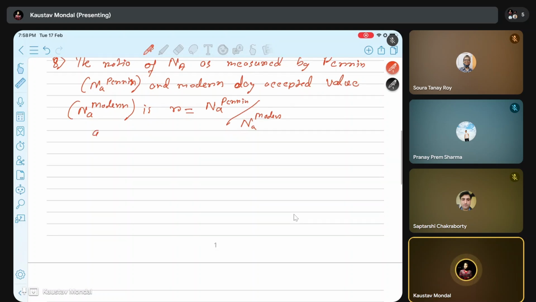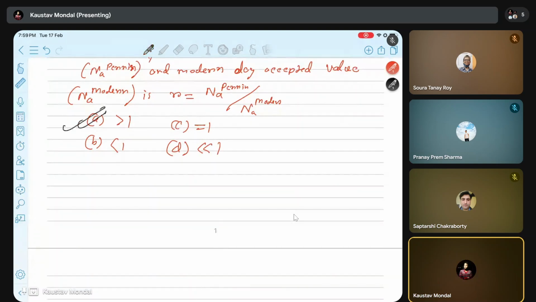The options are: A, greater than 1; B, less than 1; C, equal to 1, definitely should not be equal to 1; and D, much less than 1. Here the correct option is option A.